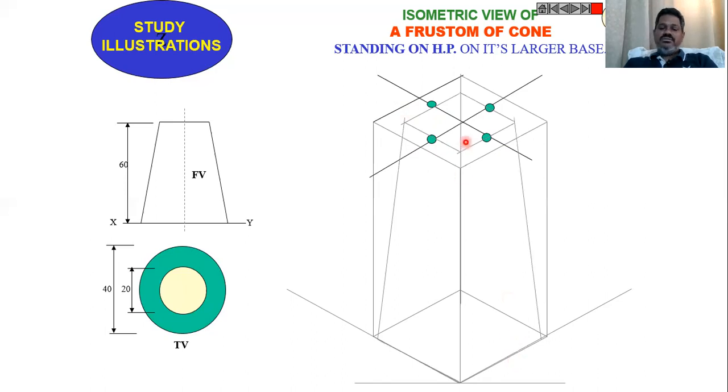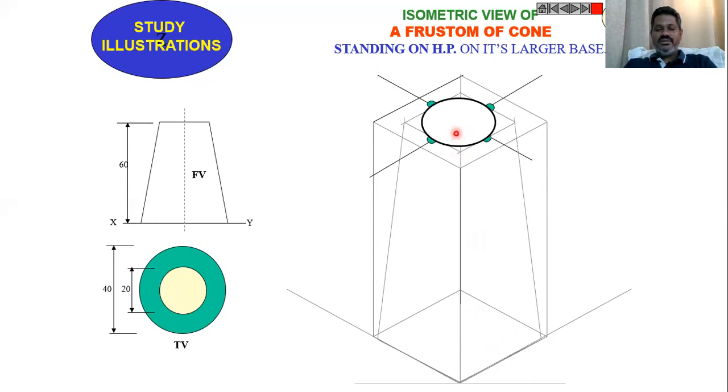Now draw the ellipse on the top view for the rhombus of length 20 mm side, and for the rhombus of side length 40 mm, on the top as well as the bottom, draw the ellipse like this.